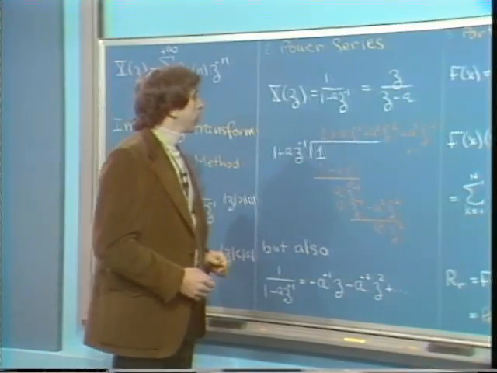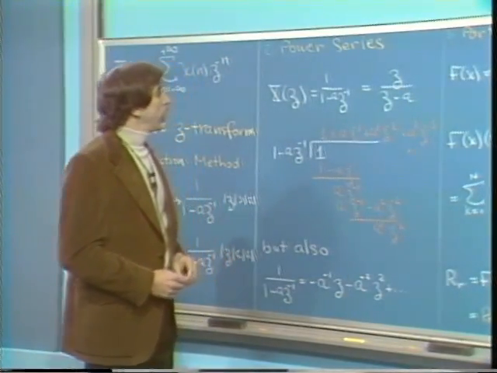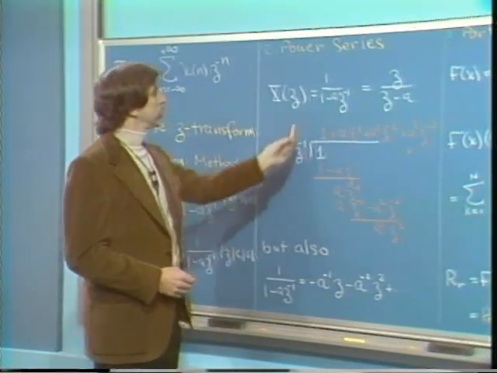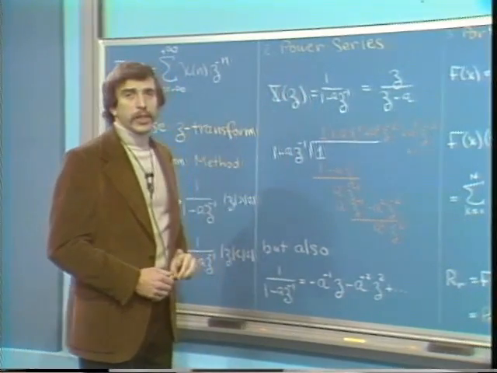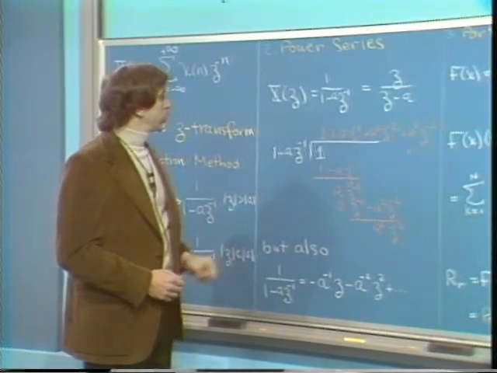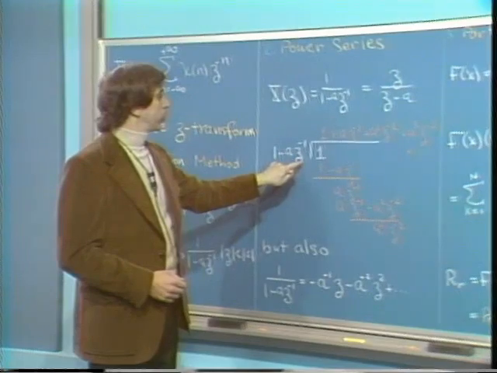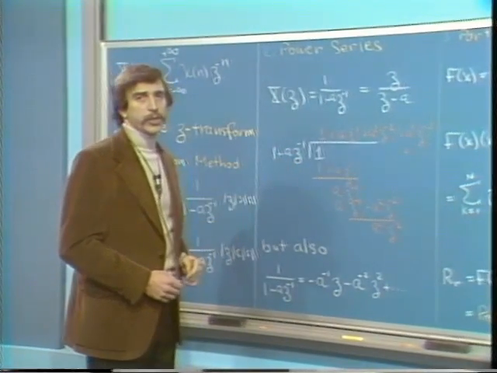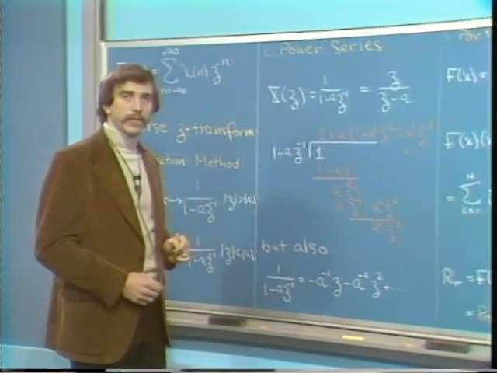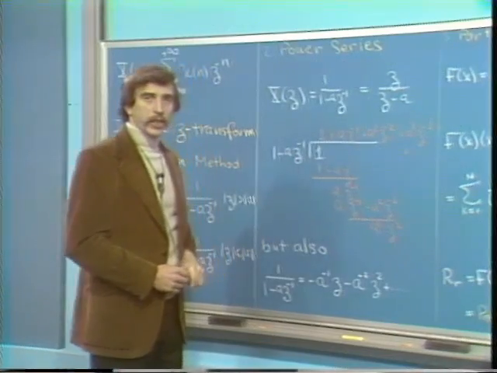Of course, there are lots of ways of expanding a function like this in a power series. For example, if I simply reversed the order of these two terms and carried out the division, this isn't the series I'd get.